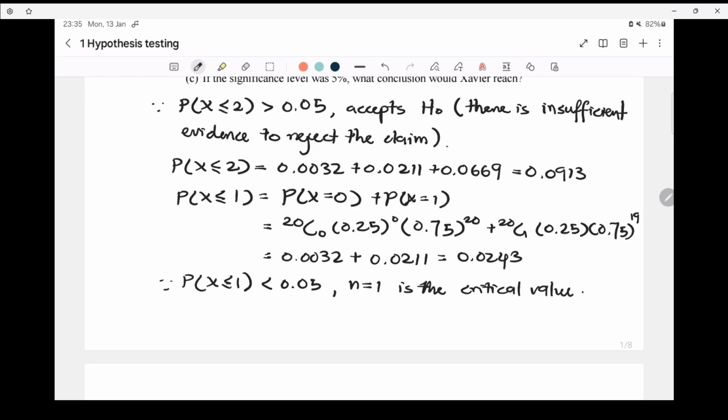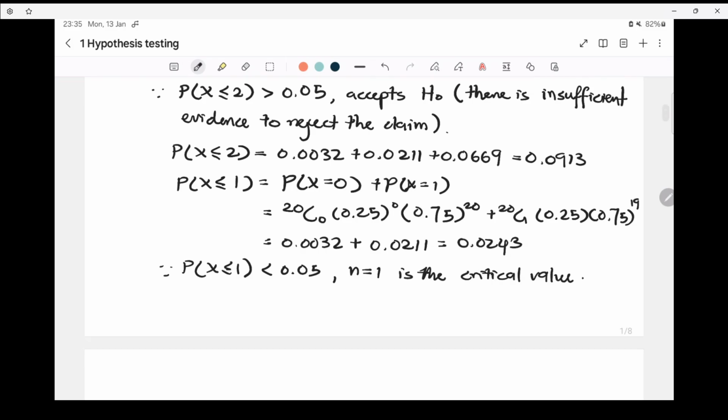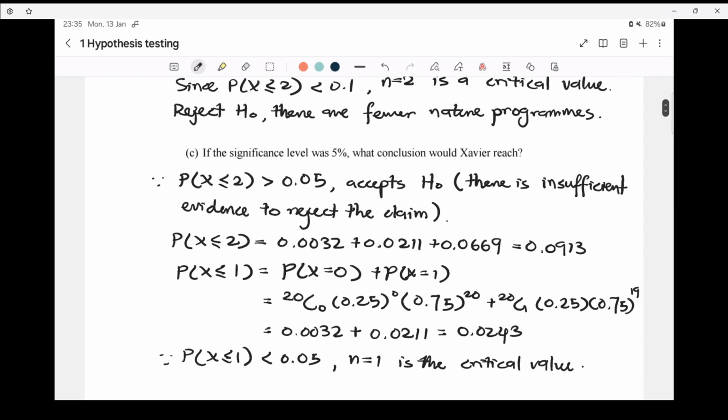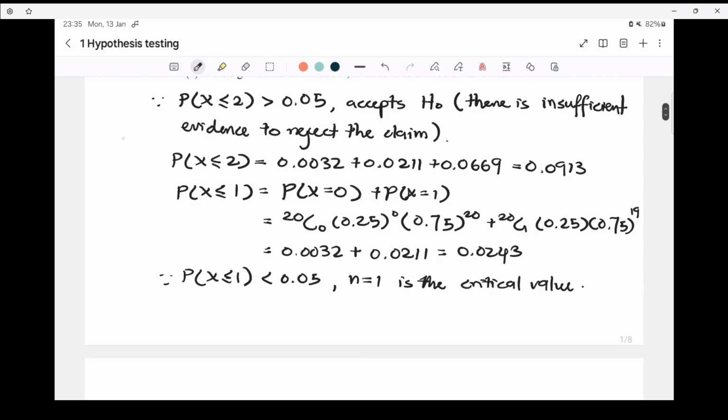The critical value tells you when you need to reject the claim. If the question asks, but I don't think the question asks you over here, so this part of the calculation will be just something extra. It's not really necessary.